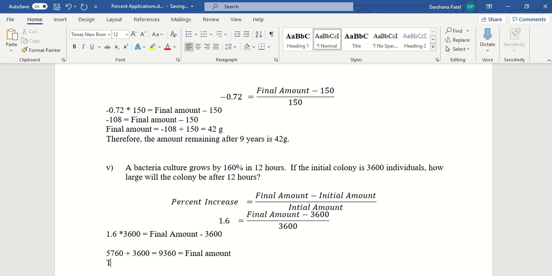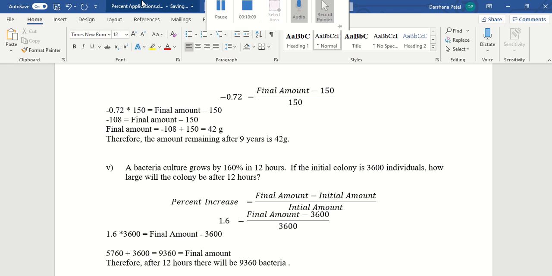So then we can say, therefore, after 12 hours, there will be 9360 bacteria. These are some word problems, some applications of percent.